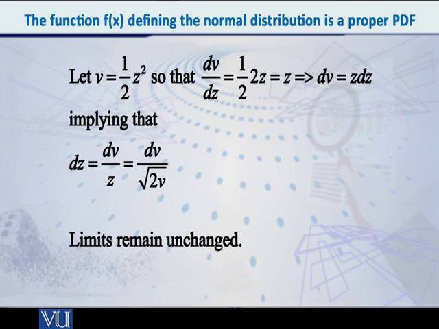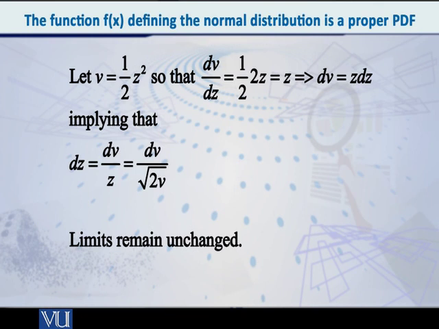And therefore we can write dv is equal to z dz. And if we want to find the expression for dz, that can be written as dv over z.